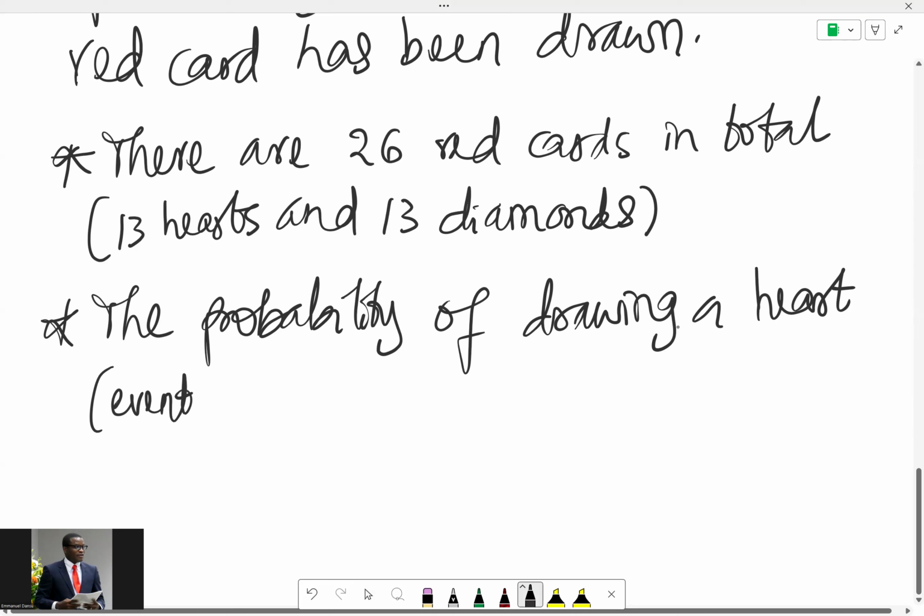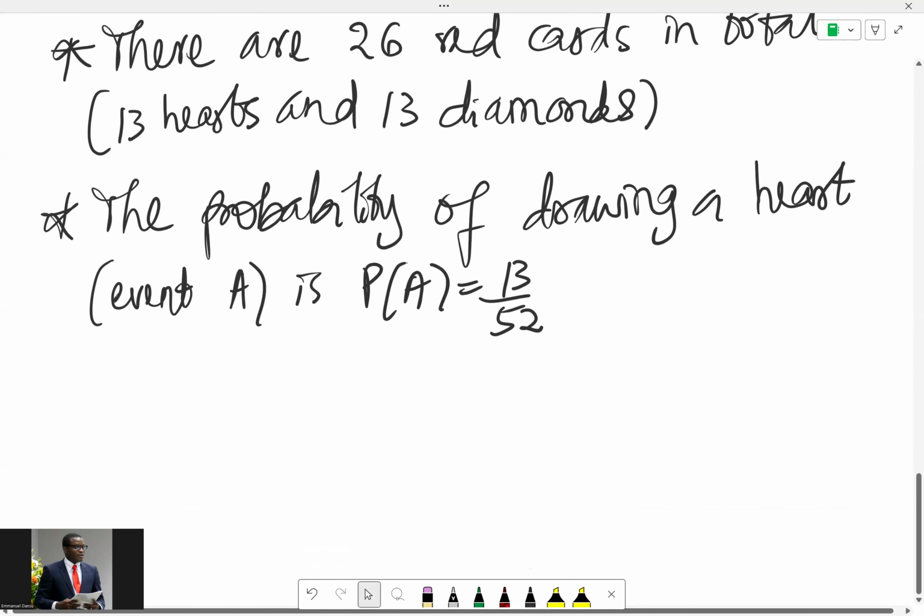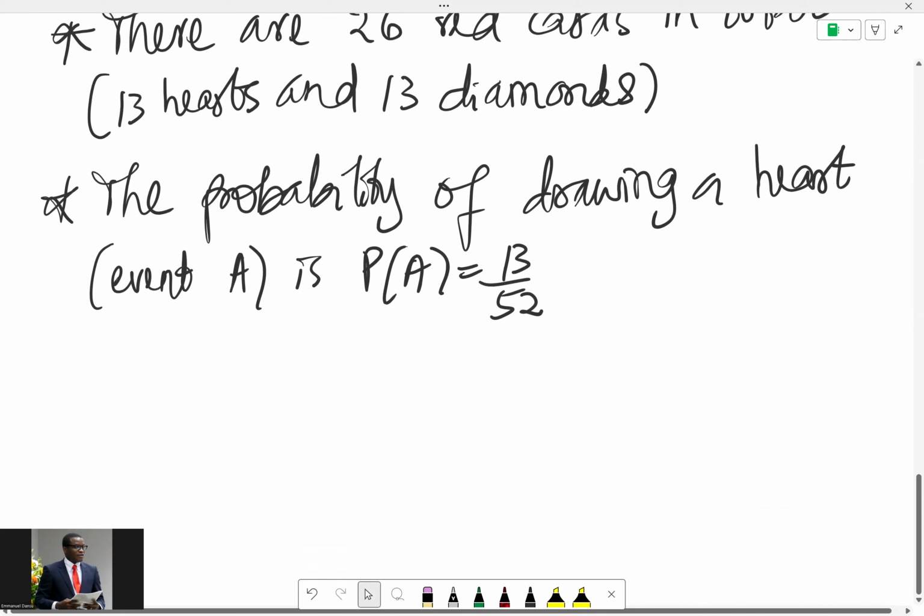That's event A. That is, probability of A is equal to 13 over 52. That's also 1 over 2, but we can leave it like this for now because we have other things ahead. It's better to leave it in this raw form so we can simplify at the end of the day if necessary.